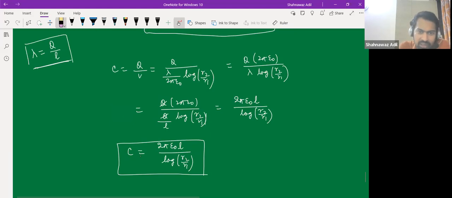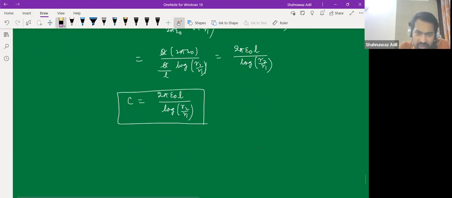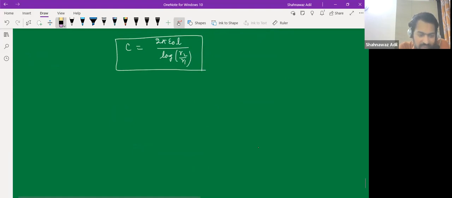Now we calculated the capacitance of a cylindrical capacitor. So now can you tell me, if I have a cylindrical capacitor, right? This is my cylindrical capacitor.